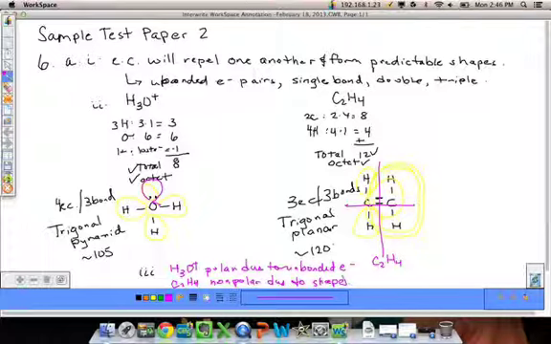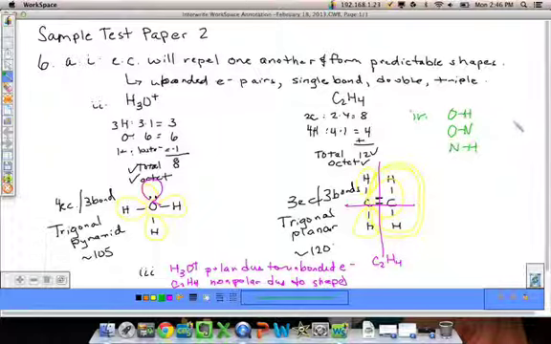Then it says for part 4, use the data table in the data booklet to predict whether the OH bond or the ON bond or the NH bond would be the most polar of the bonds. And so what we would do is look up each of these numbers and find the difference between them, so subtract.